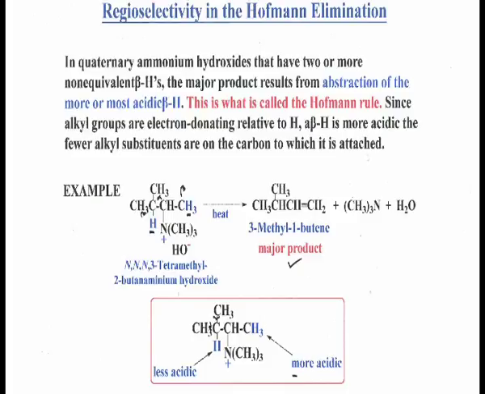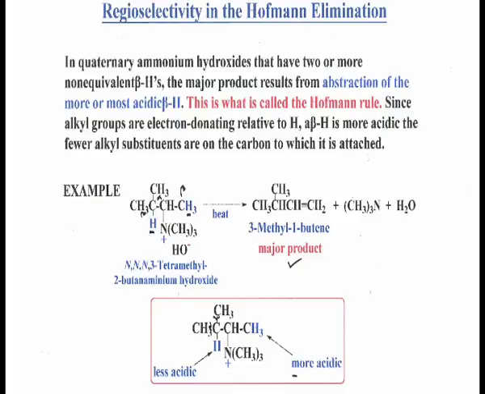So, this is one type of hydrogen, this is another type of hydrogen. So far, in the example I took earlier, there was only one beta hydrogen as in this case. Here there is only one beta hydrogen, so it was straightforward, no ambiguity. But when there are two beta hydrogens, then which one will be the major product? You will have to analyze it and find out the answer.